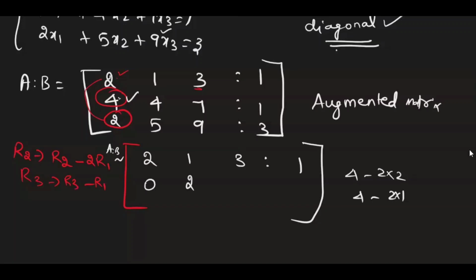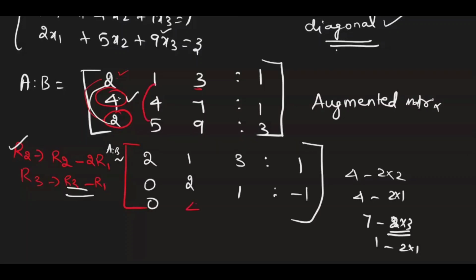Then 7 minus 2 into 3, which is 7 minus 6, 1. And last value 1 minus 2 into 1, that is 1 minus 2, minus 1. Now the last row, R3 goes to R3 minus R1. So 2 minus 2, 0. 5 minus 1, 4. 9 minus 3, we have 6. 3 minus 1, we have 2.